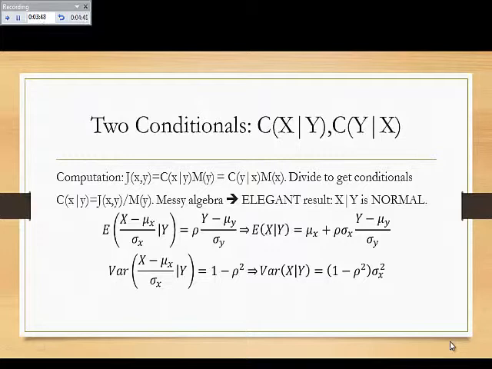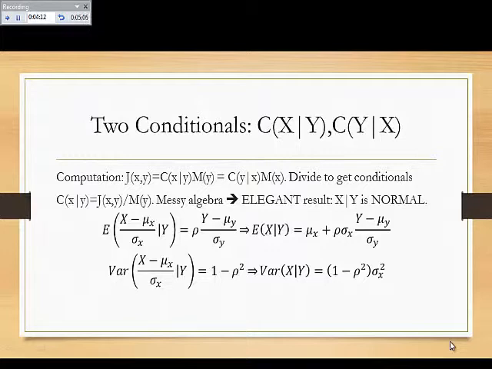When you translate this formula by algebra, then you get the expected value of x given y is equal to mu x plus rho times sigma x times y minus mu y over sigma y. So now this formula looks complicated and ugly and asymmetric, but if you look at the previous formula, you see that you get it by multiplying out.